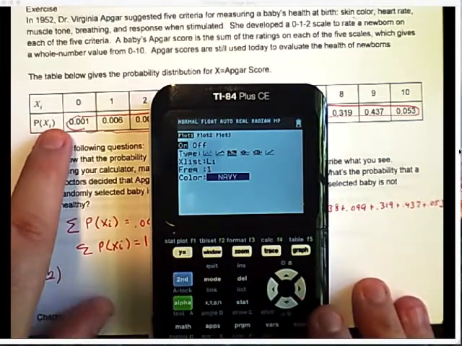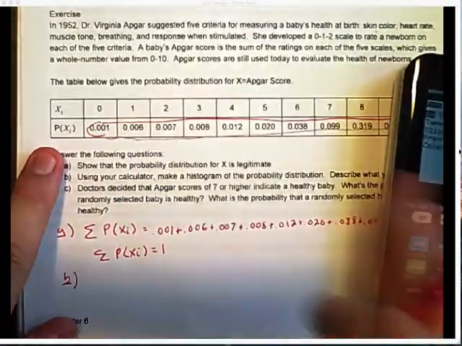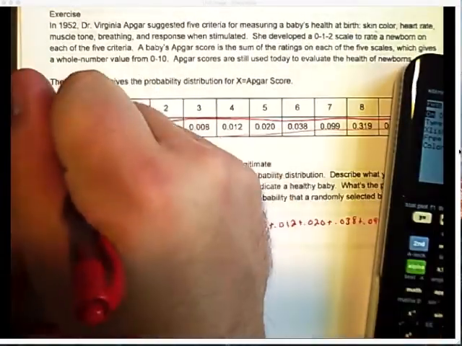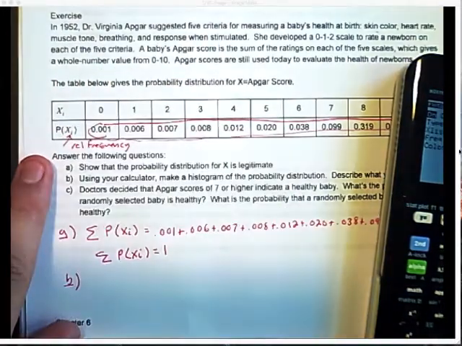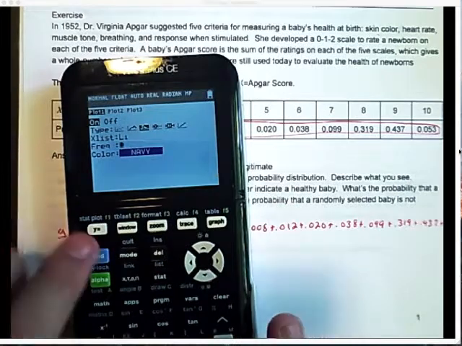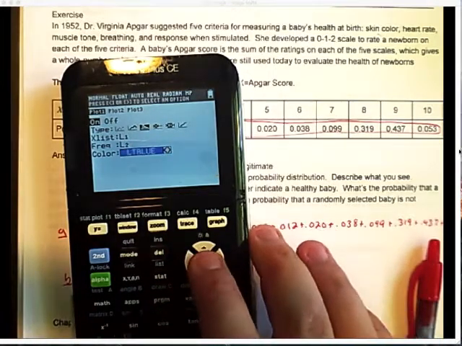But we're going to treat the probabilities as relative frequencies. So probabilities as decimals, this is like relative frequency. So we're going to put that into list 2. And then once you do that, you can pick any color you want. I'm just going to choose red.